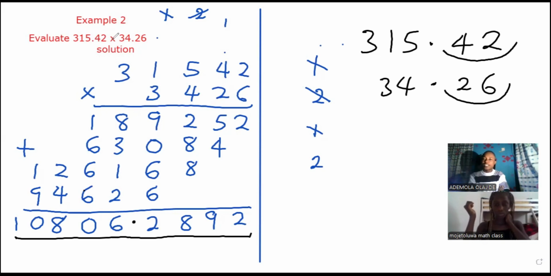What I'm trying to say is that if you want to add them, what is the logic behind the addition? What do you do to ensure it works? How do you arrange the numbers?